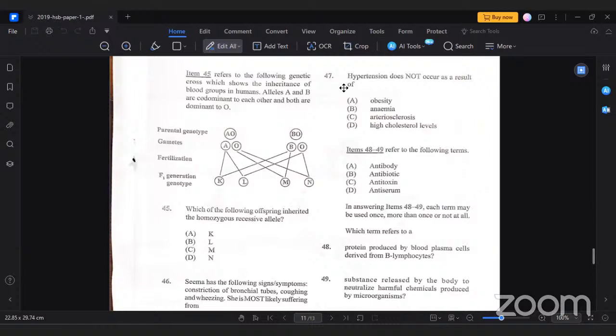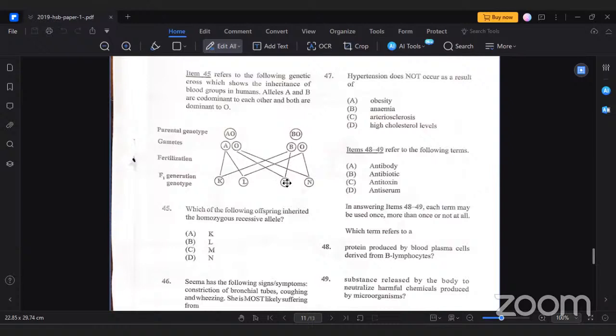So we know A and B are dominant, which leaves us with O. So which of the following offspring, K, L, M, or N, received a homozygous recessive allele, meaning the same recessive allele, which means that we will just have to track O from AO and O from BO. And where does this O lead to?